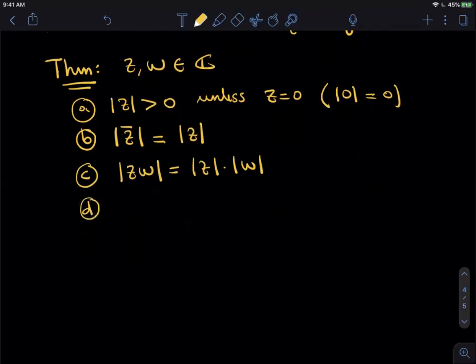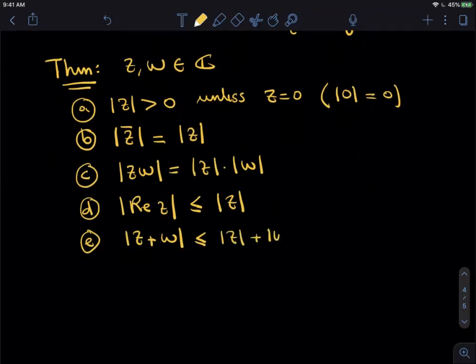And then a couple funny ones. The absolute value of the real part is less or equal than the absolute value of z. And then the last one is the triangle inequality, which says that the absolute value of the sum is less or equal than the sum of the absolute values.